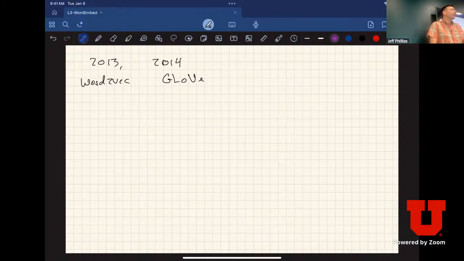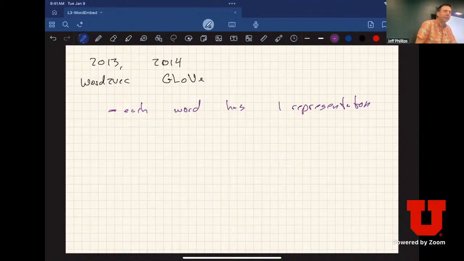It was not perfect, and the main issue is that each word has only one representation. Take the word bank.